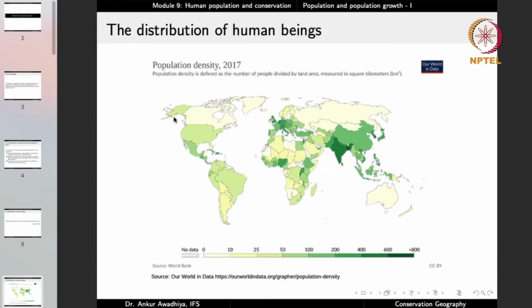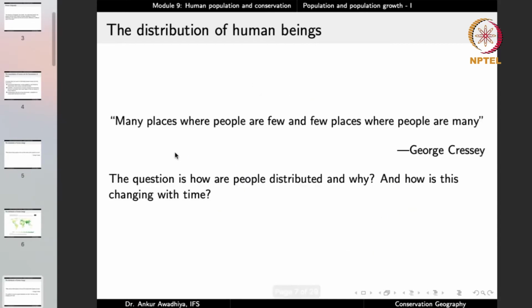On the other hand, we have large areas like Northern America or parts of Europe and Asia, a large portion of South America, most of Australia, where the population density is very low. So, the population density is different at different locations. There are few places where people are many, places like South Asia, Europe, or Japan. And there are many places where people are few in number.